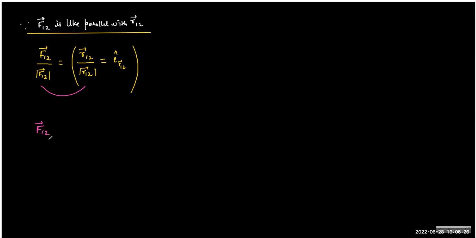So what we can write is F12 upon mod of this, and the mod of F12 is something which we can write with ease. It's fairly the Coulomb's law which we have already written.